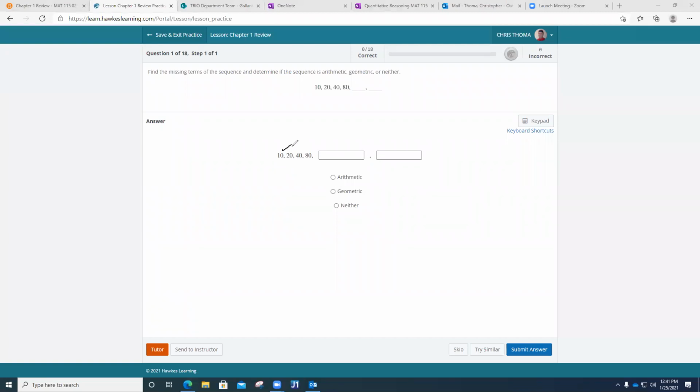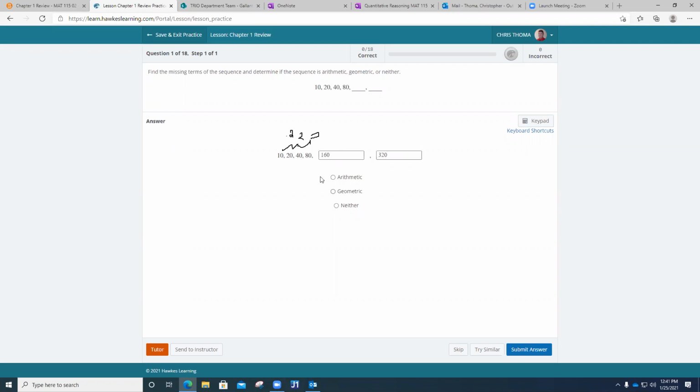To go from 10 to 20, I multiply by 2. 10 times 2 is 20. 20 times 2 is 40. 40 times 2 is 80. So 80 times 2 is 160. And then 160 times 2 is 320. So I believe that to be the pattern.